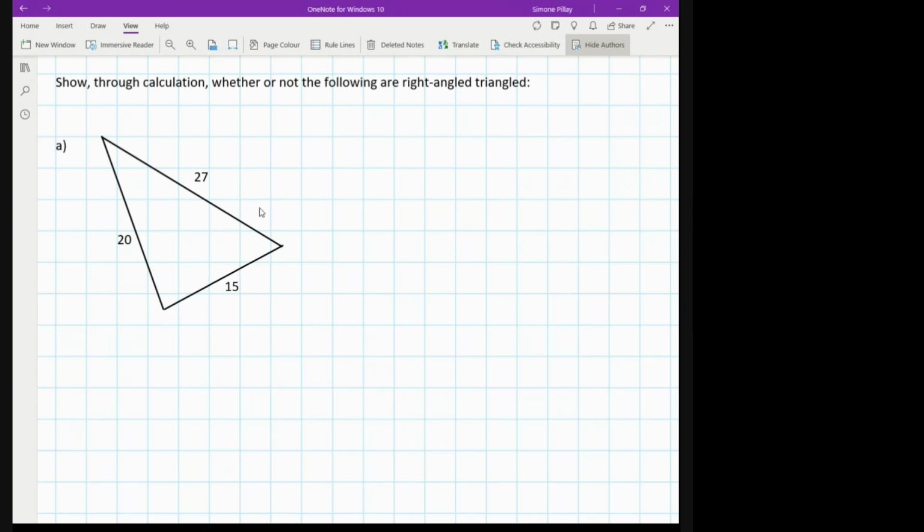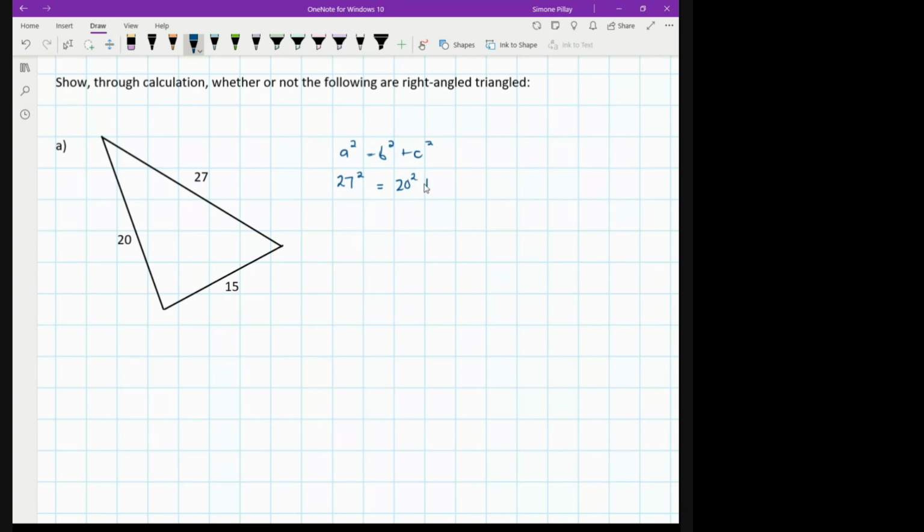Okay, so a squared is equal to b squared plus c squared. Then 27 squared is equal to 20 squared plus 15 squared. Okay, so 27 squared is 729. 20 squared is 400. 15 squared is 225.